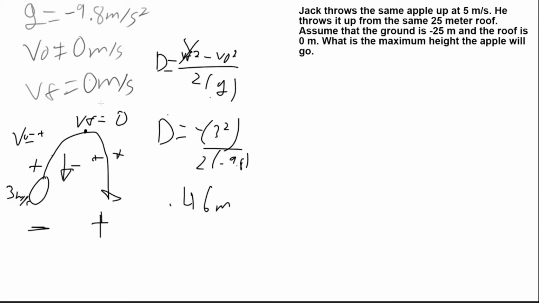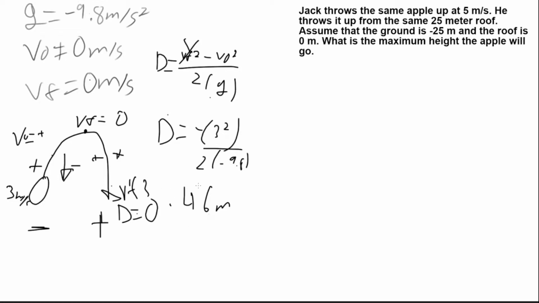If we're just finding up to here, and then if we want to find down here, all of these are always symmetrical. This graph doesn't look like it's symmetrical, but it is. So our V final for this is going to be 3, because if anything's going up by the same amount, it's going to go down by the same amount, because it's an even parabola. So our V final would be 3. Our displacement, which is our distance away from the original point, is also 0.